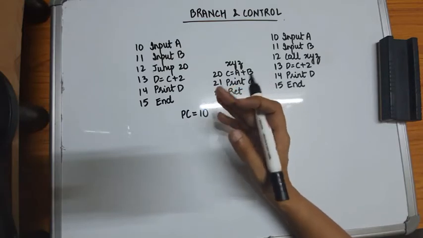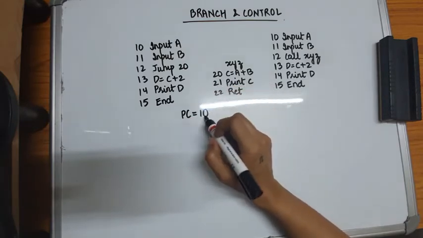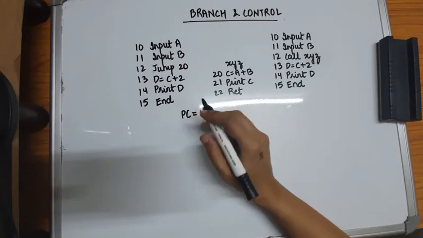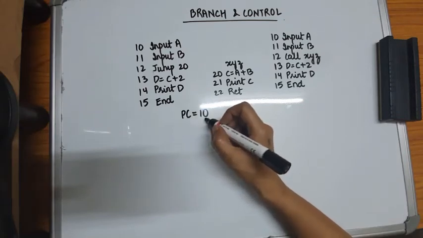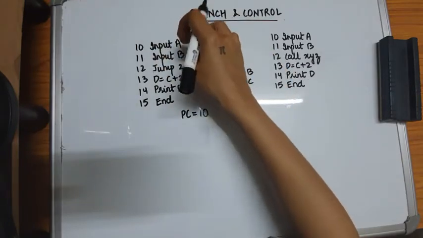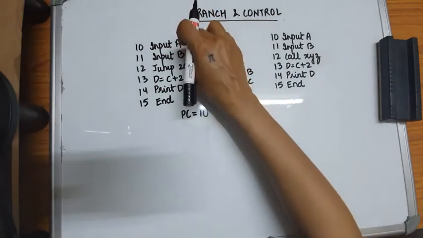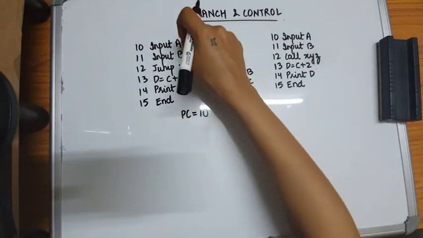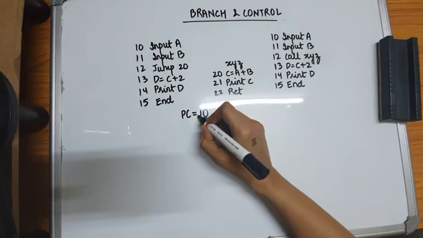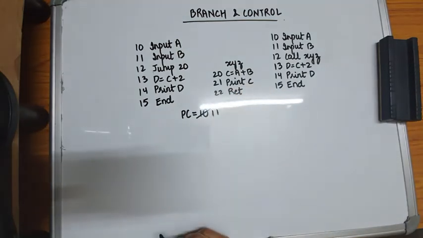When this program is executed, the microprocessor checks the content of the program counter and encounters 10. So it goes to line 10 and fetches input A. When it fetches this instruction, the content of PC auto increments to 11.